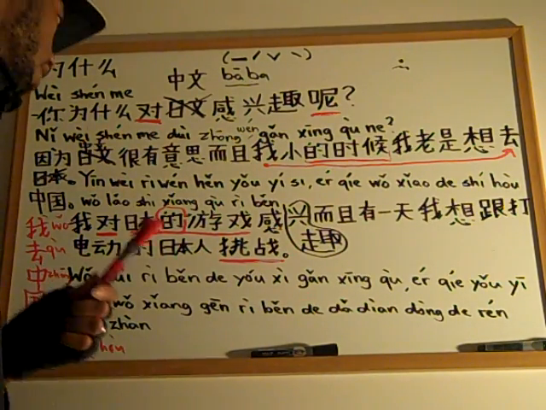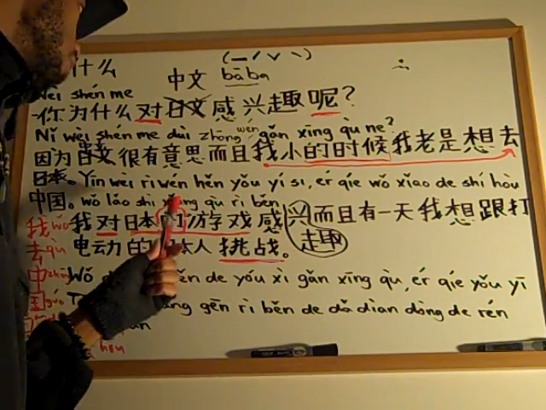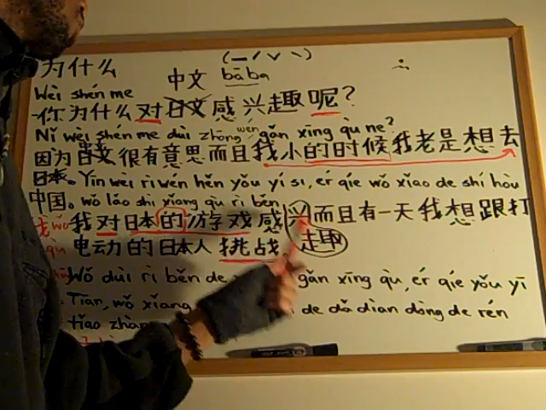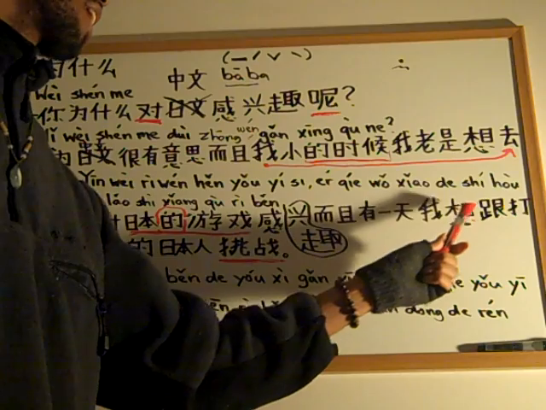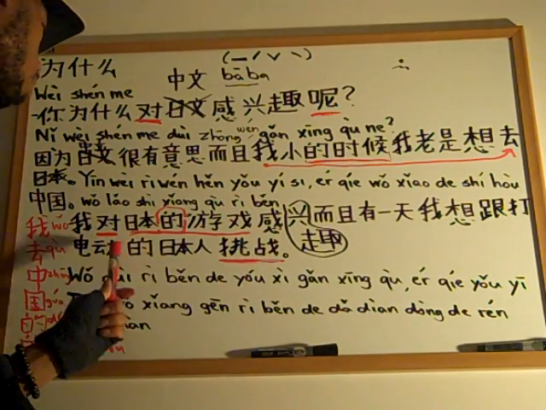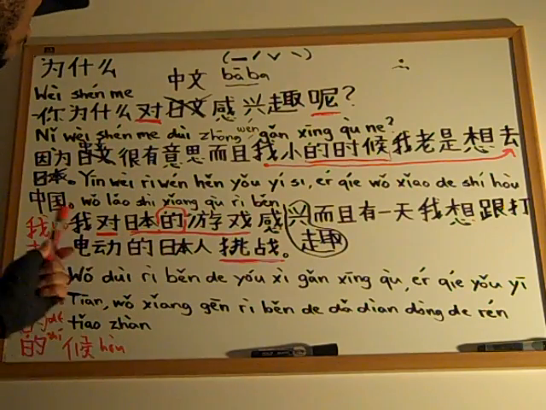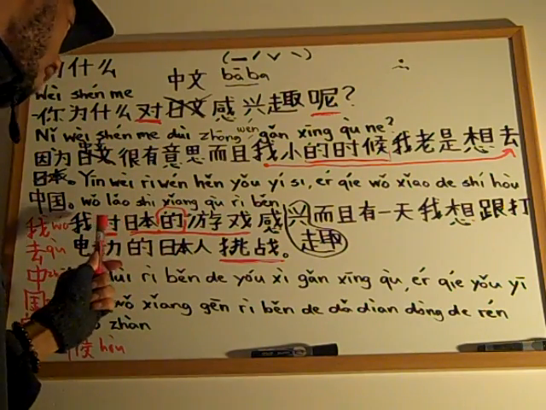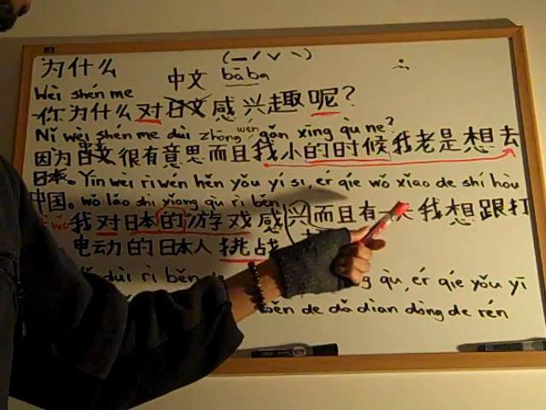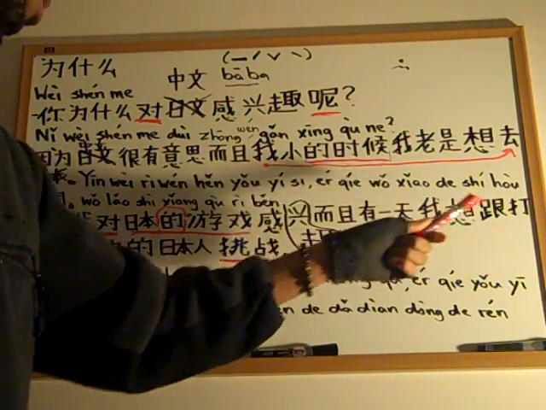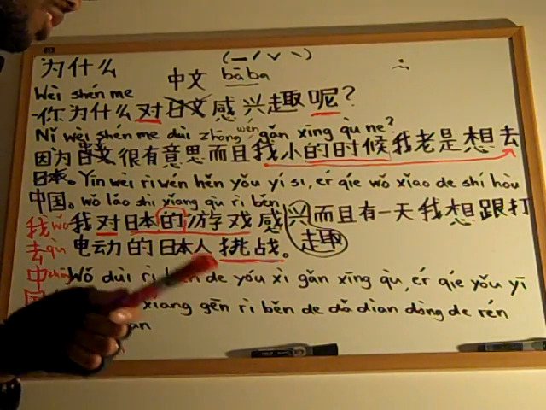So I'll read it again and give you a real translation. 我对日本的游戏感兴趣，而且有一天我想跟打电动的日本人挑战. So I am interested in the Japanese games, and one day I would like to challenge the Japanese players. That's the real translation.